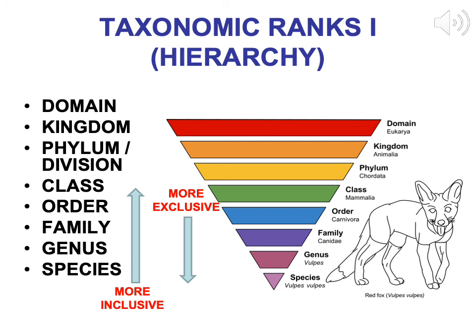So let's take a look at this illustration on this slide. Ranks come in a number of different levels. It's what we call a hierarchy. At the top of the hierarchy, you see the word domain. Underneath the word domain, there are kingdoms, there are phyla or divisions, at least in plants, phyla in animals. There are classes, there are orders, families, genus, and species. Now, domain is the most broad, most inclusive group of all.